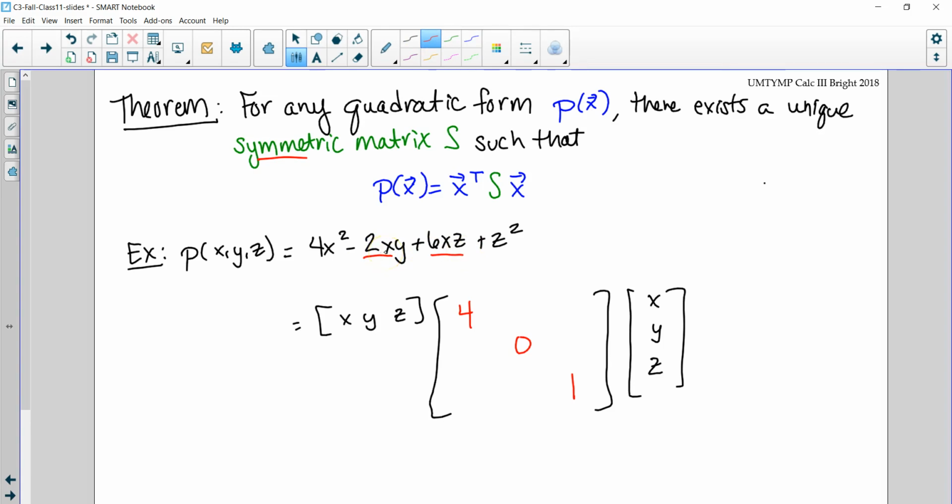So x and y should have -1 and -1, and then x and z would be 3 and 3, and there's literally nothing that contains y, so that's all 0, and that would be the decomposition. That's the idea of a quadratic form and a nice theorem to go with it.